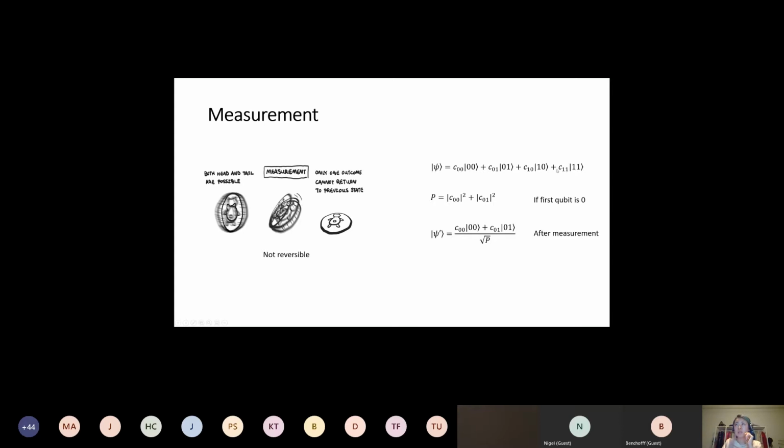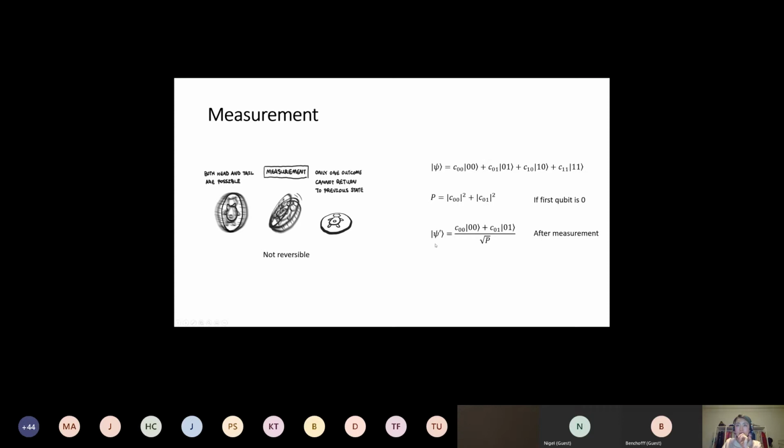So you kind of eliminated these 2. And you know that the probability of having the first qubit be 0 will be C00 squared plus C01 squared. And after this measurement, you haven't done anything to the second qubit yet.